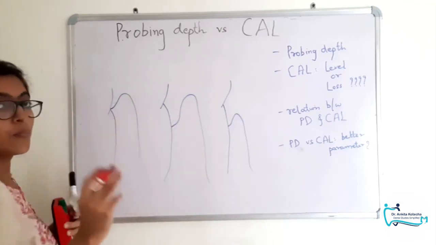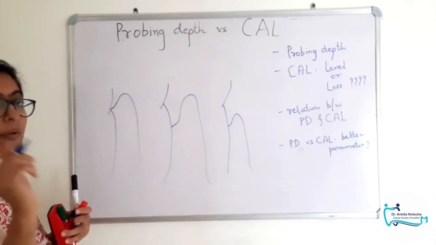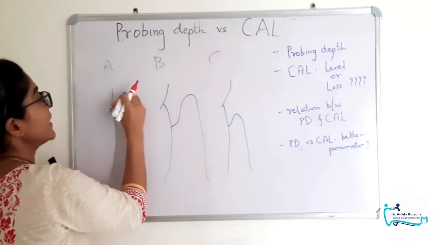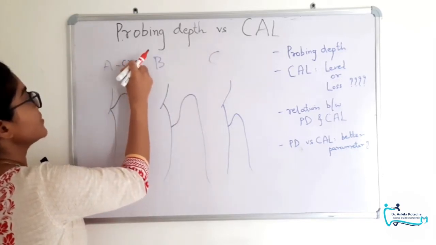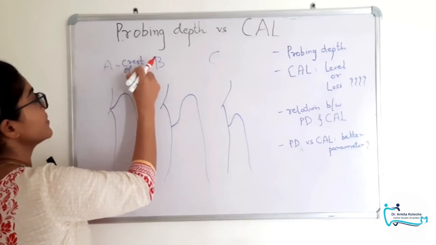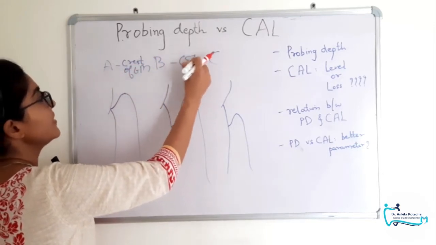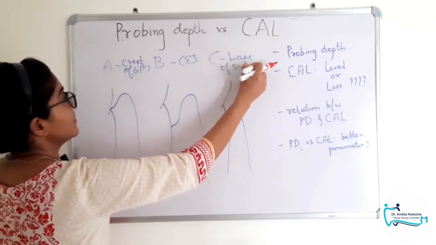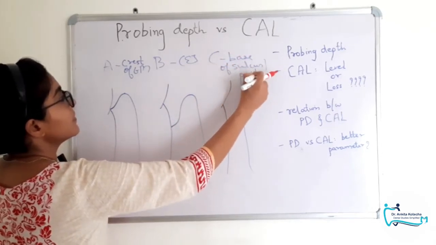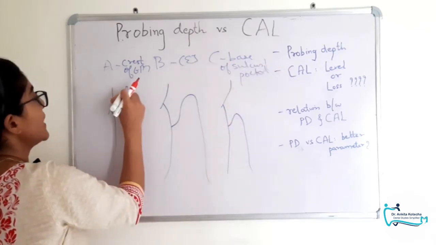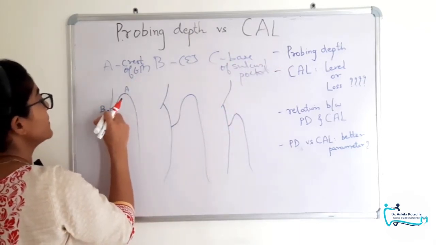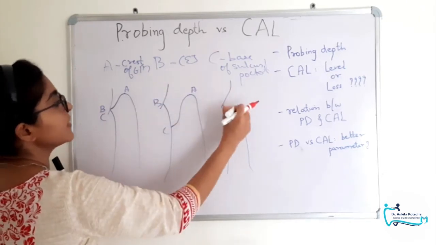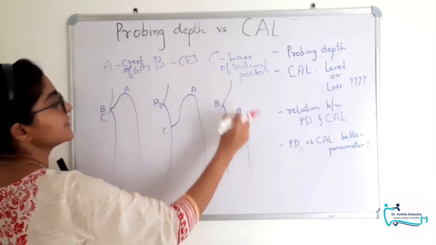Before understanding the three case scenarios, remember the three reference points, A, B and C. A is the crest of the gingival margin, B is the CEJ and C is the base of the sulcus or pocket. So A, B and C.